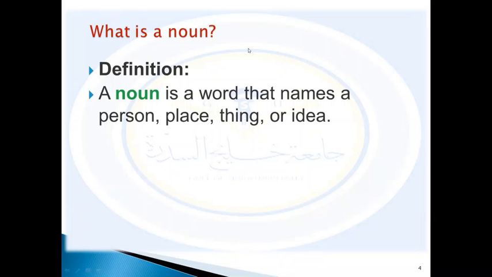To name person or people, if we think of plural form, place or places, thing or idea. We are going to talk about such types of names of person or place or even thing or idea in some other part of our lecture.